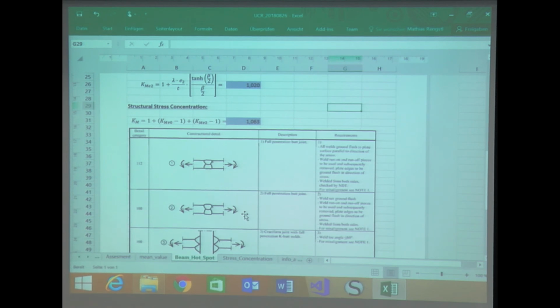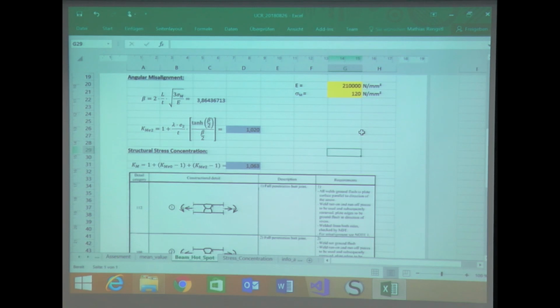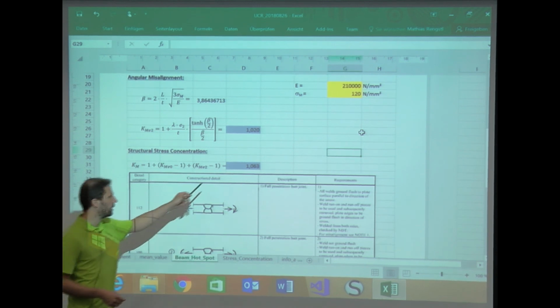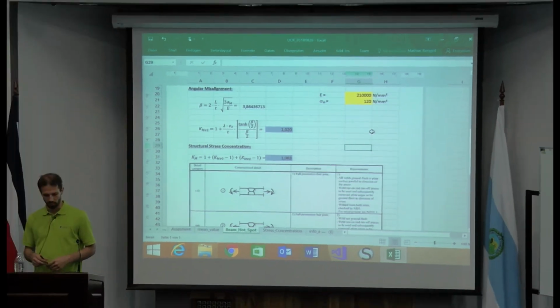So for a nominal stress approach we had here 80, and now we have here 100. And as before, for the modified nominal stress concept, this factor would also be applied on the structural stress range.